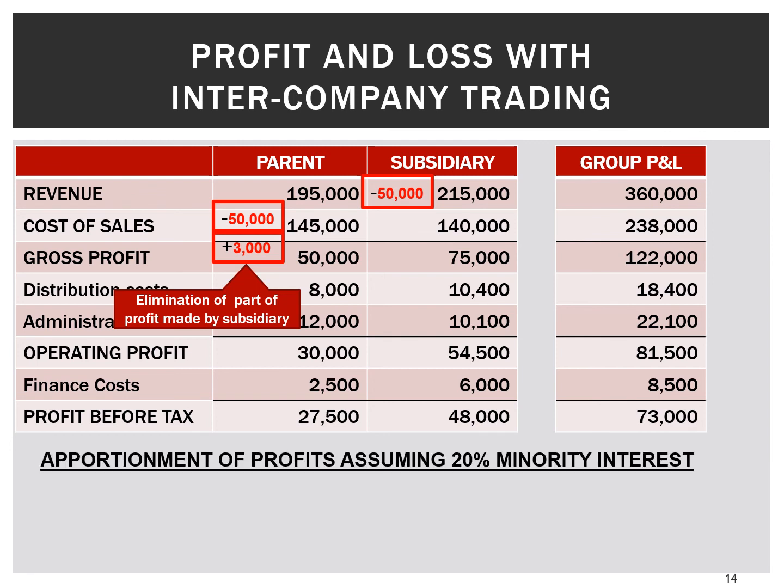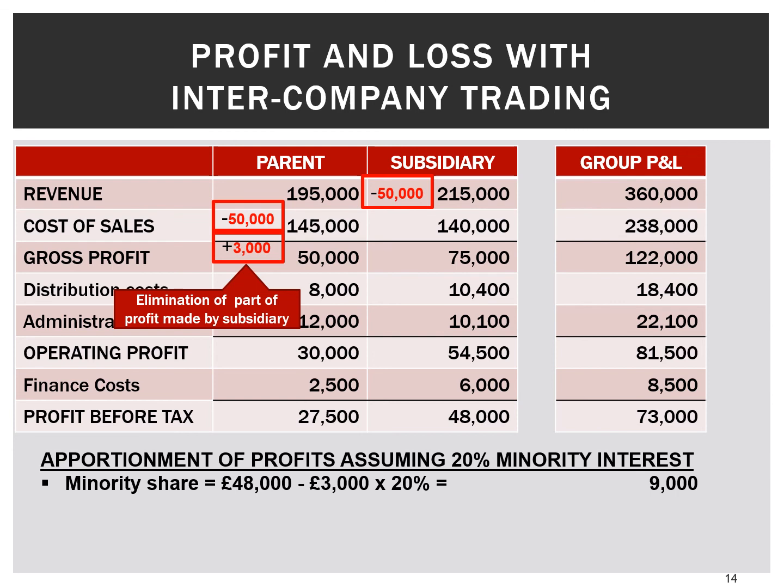Now, if we assume that in this example 20% of the subsidiary company's shares are owned by shareholders outside of the group, minority shareholders, we need to split the £73,000 group profit before tax to show how much of that belongs to the minority shareholders and how much of it belongs to the group.